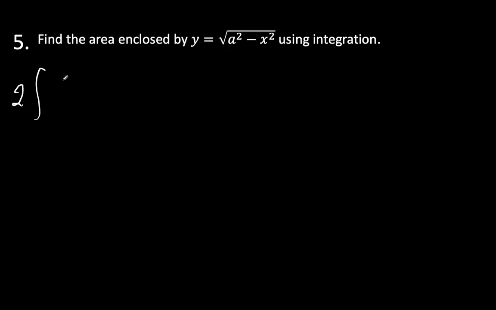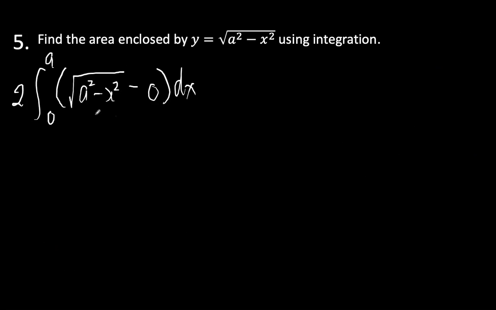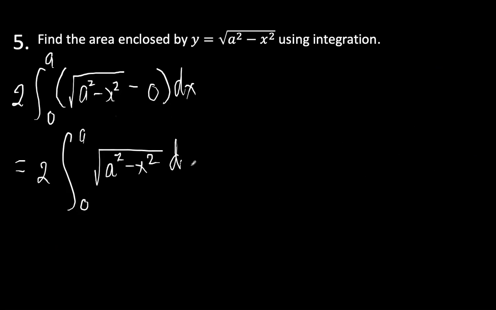Our y upper is the square root of a squared minus x squared, minus the lower, which is 0, with respect to x from 0 to a. All right, so let's simplify the expression. This is the integral from 0 to a of the square root of a squared minus x squared with respect to x. Here we go.